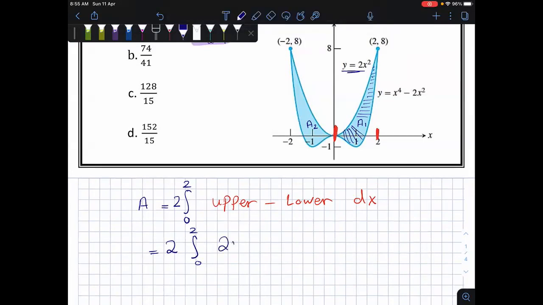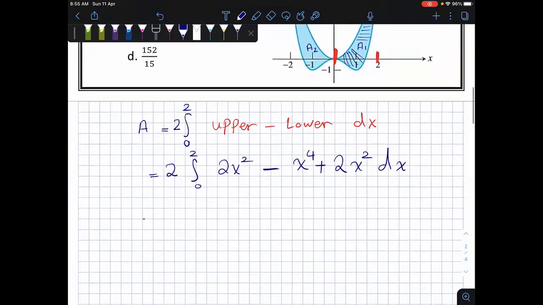The upper function is 2x squared, minus the lower function, x to the power of 4 minus 2x squared, so it becomes plus 2x squared, dx. Easy. Combine like terms. We have 2x squared and 2x squared, equal 2 times the integral from 0 to 2 of 4x squared minus x to the power of 4, dx.